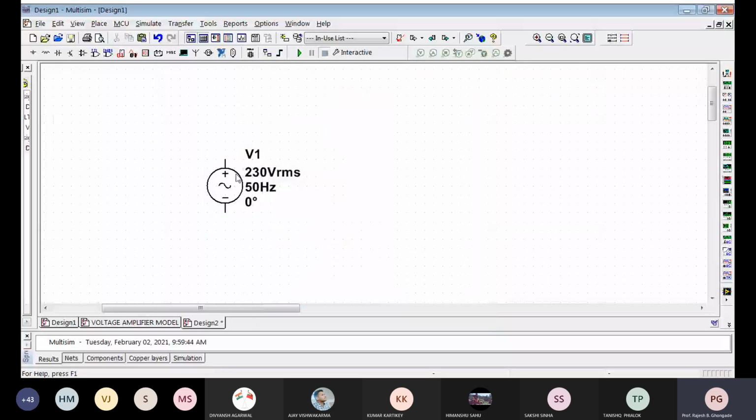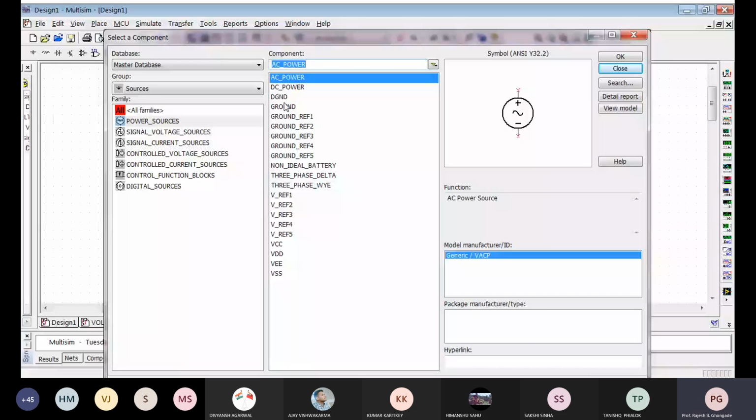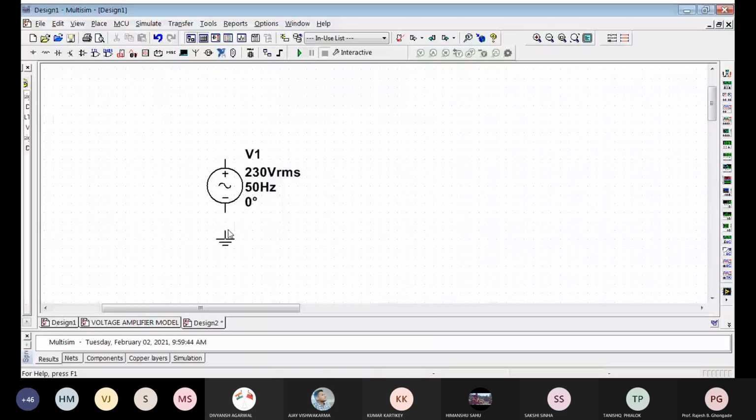Once you do that, let us have a ground. Please remember that you cannot have any floating component, so always you have to have a ground.